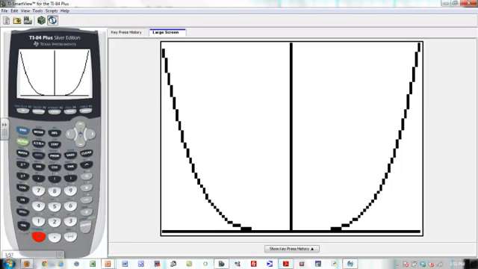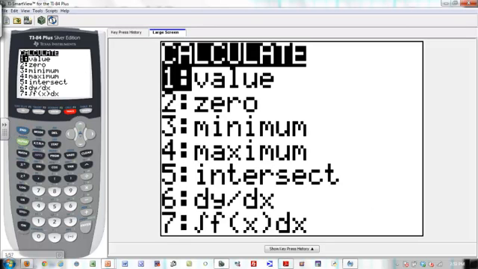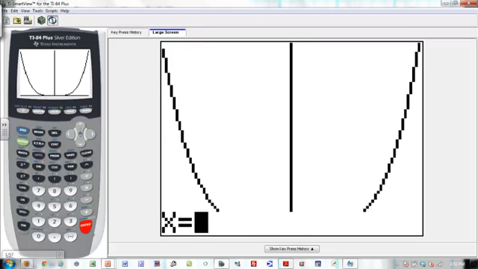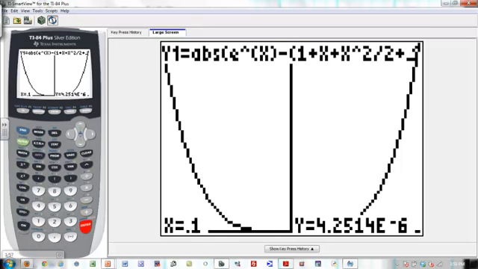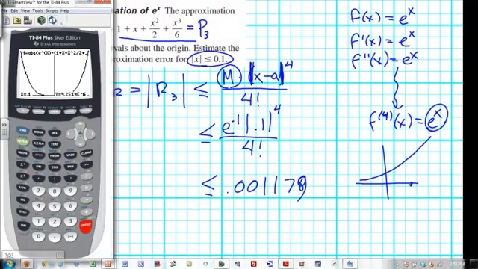So let's do a second calc value at 0.1. And we get 4.25 times 10 to the negative 6th. So how does that compare to what we said the error would be? That's not the right value.